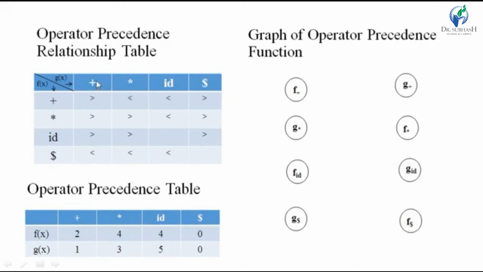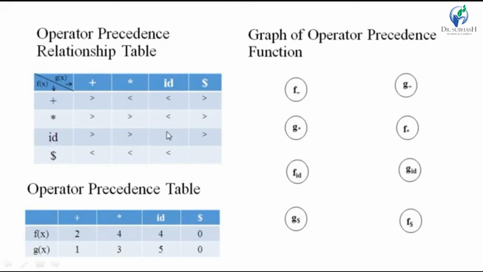Now star and plus, priority of star is higher. Star star, the first star is higher. Star ID, ID is higher. Star dollar, star is higher. ID plus, identifier is higher. ID star, ID higher.